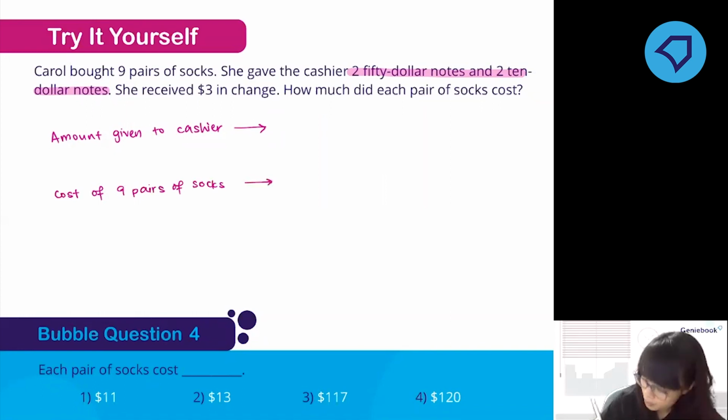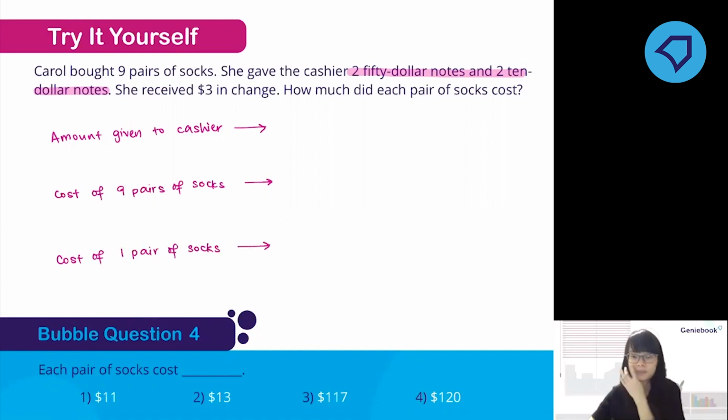Then from there you can find the cost of 1 pair of socks. So two $50 notes is how much? Two $10 notes is how much?